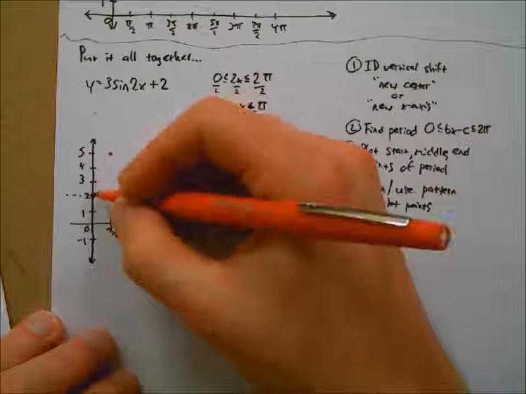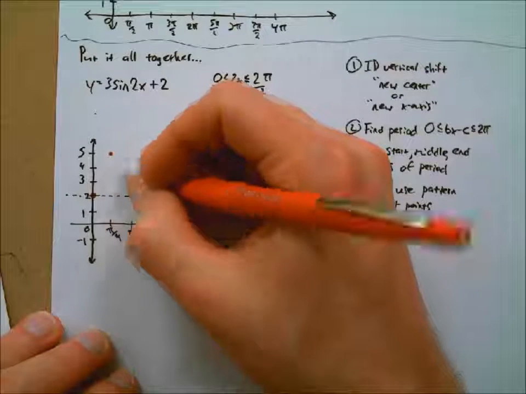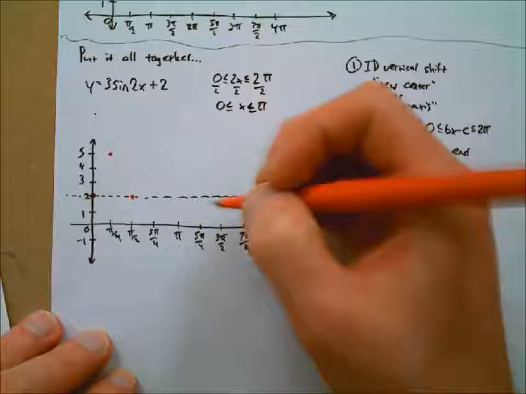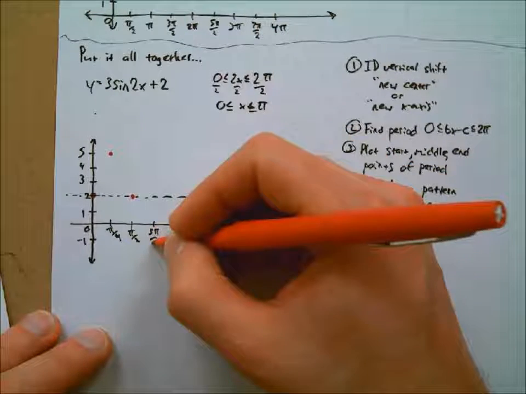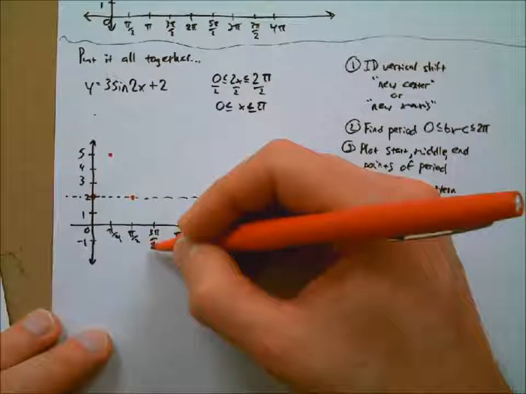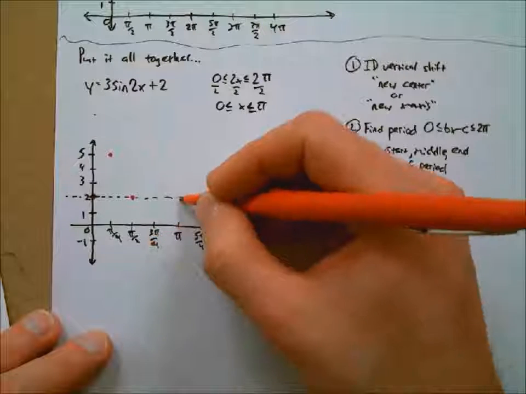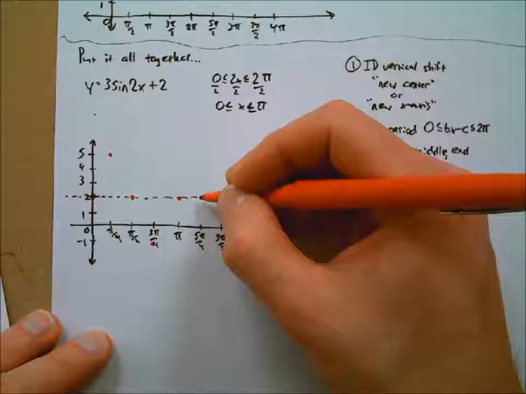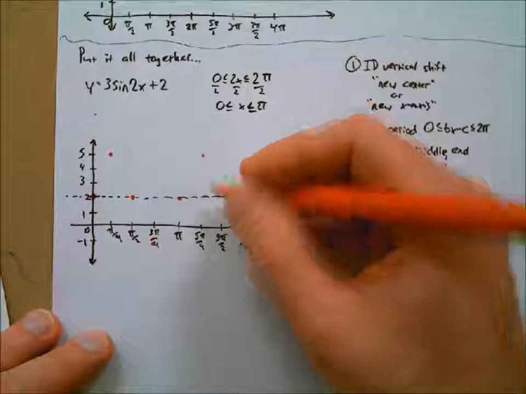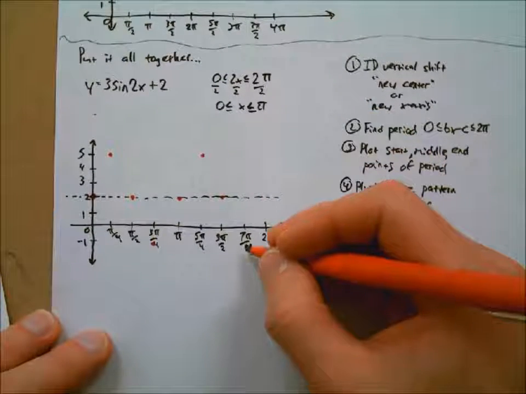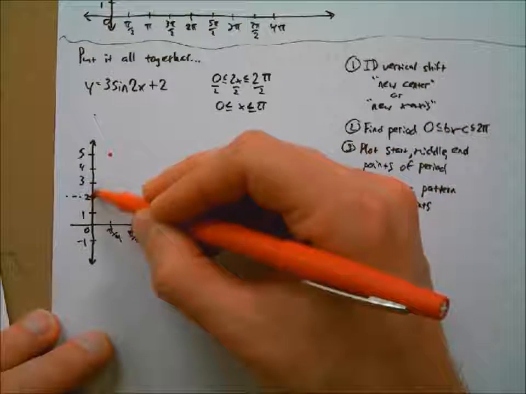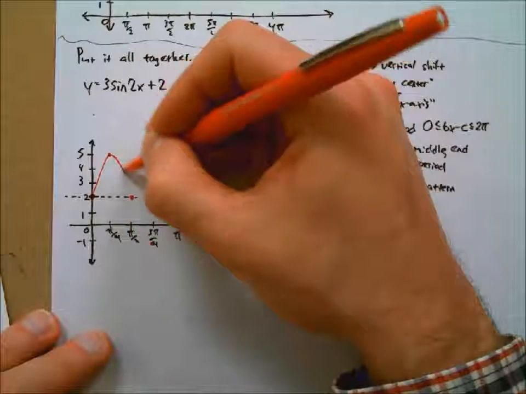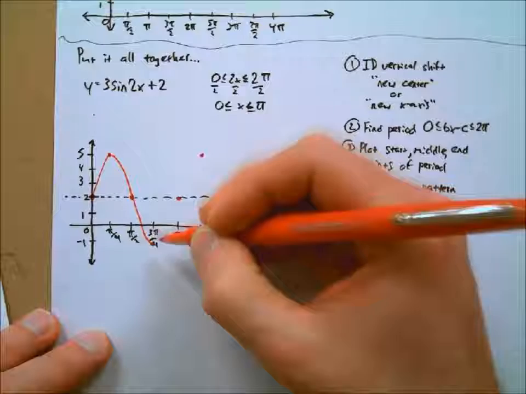So we were on the axis. We went up 3, and we're going to go back down 3 here to pi over 2. At 3 pi over 4, what's our value going to be? Negative 1, our lowest point. And then at pi, we'll go back to 2. And then 5 pi over 4, 5. And then you get the idea, right? 3 pi over 2 back to 2. 7 pi over 4 to negative 1. 2 pi back to the 2. And then we can just connect the dots.